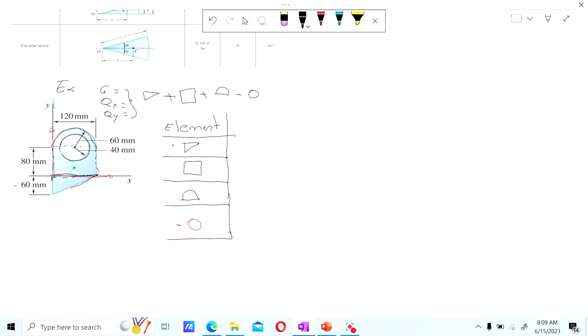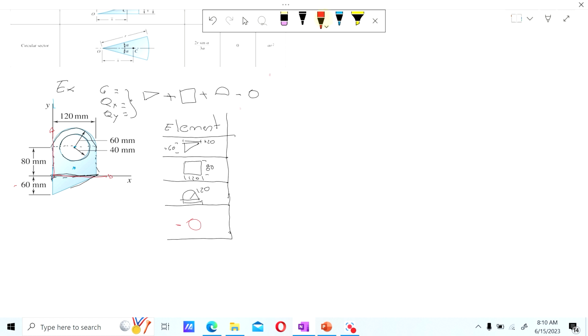Okay, this distance is -60. This distance is 120. This distance is 80. And this distance is 120. This diameter, better, is 120.